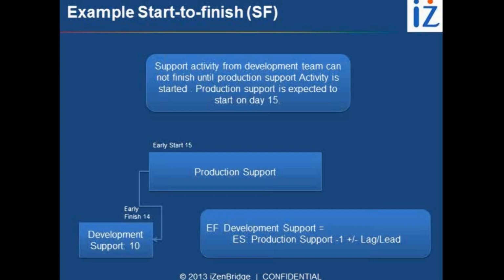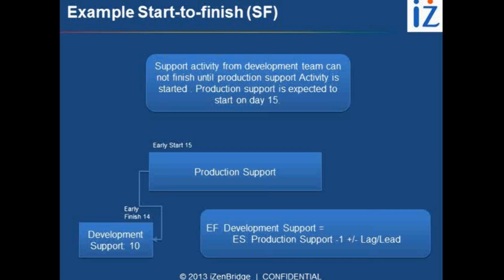So if production support starts getting delayed to day 16, production development has to support till day 15. Not the reverse way. It's not like development support thinks that we should be supporting the project on day 20, production support cannot start. No, production support can still start on day 15 even if the development team is involved till day 20.